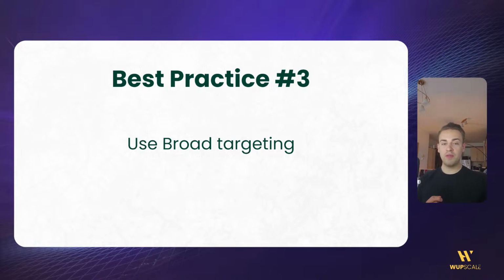So if you have a proper callout for your audience in your hooks, in the first line of your ad copy, and in the text that you are using on your creatives, then you are going to target the correct audience. You don't need to add any interests, custom audience, customer list, or lookalikes. Just use broad targeting.